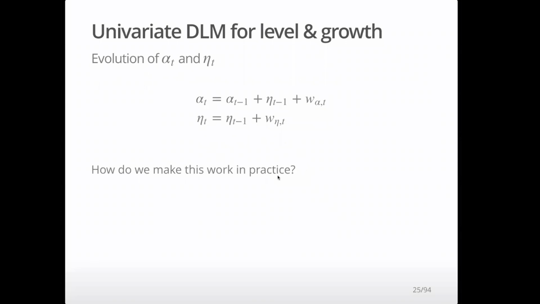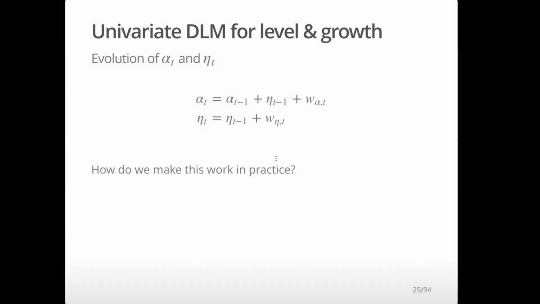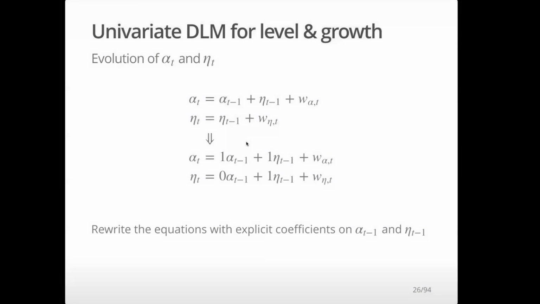Okay, so how does one make this evolution equation match? Let me back up for a second. This is the observation equation, and these two together are the state or evolution model here. So we have to figure out a way to actually get this to work mechanically. Well, to start with, what's informative to do is to write out this model with explicit coefficients on alpha and eta.